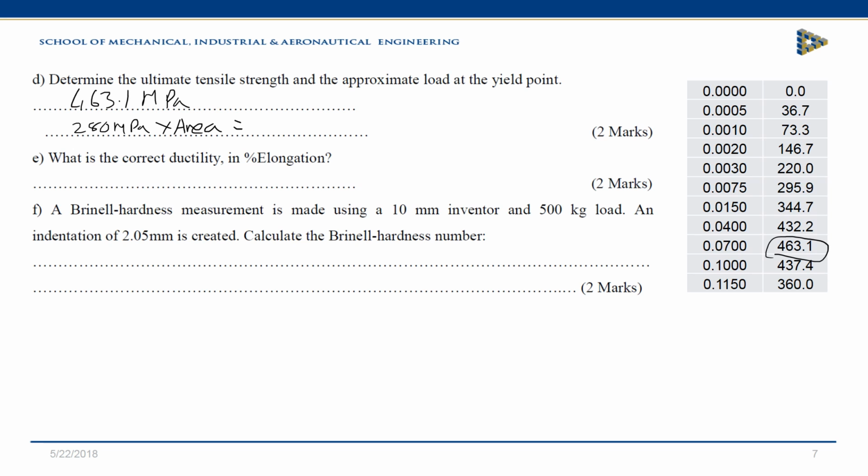Remember my units, MPa is exponent 6, and that would give me a load of 96,980 newtons. Obviously, once again, it depends on what value I used for the yield here. If I'd used a range, I could have got a range in answers, and I could also write this as 96.98 kilonewtons.